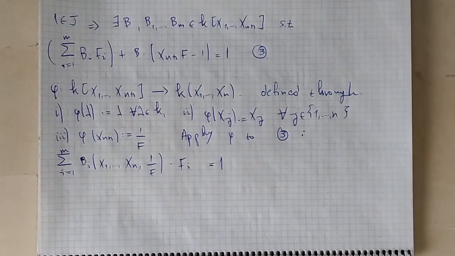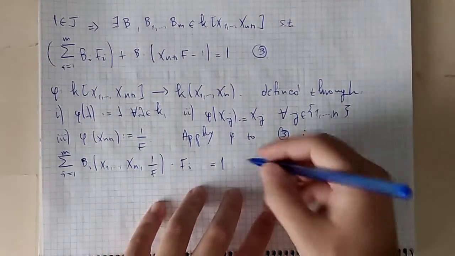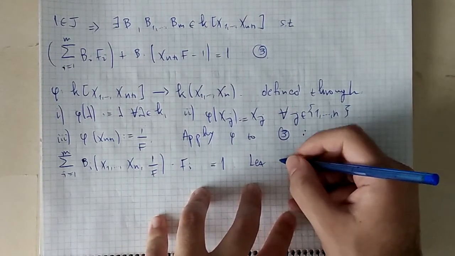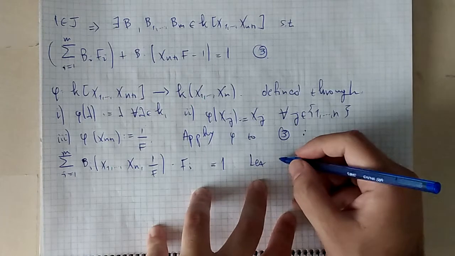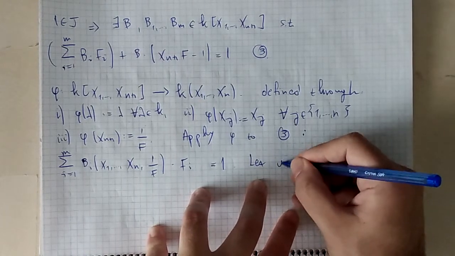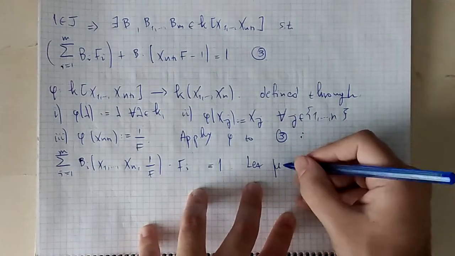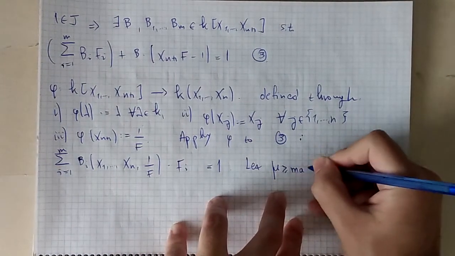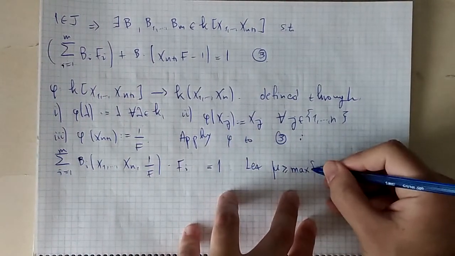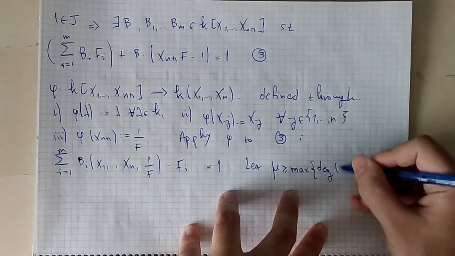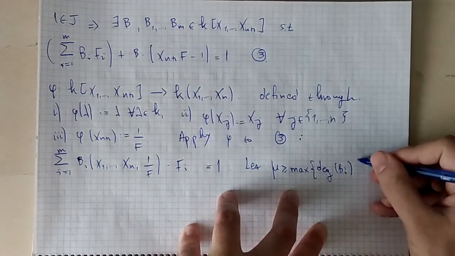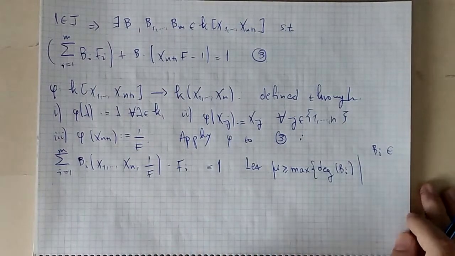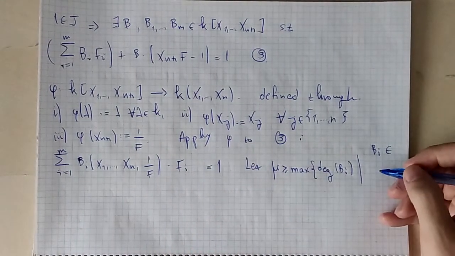Okay. Now let's see. We let m be something that's at least as big as the maximum of all the degrees of the bi, where I see the bi's as polynomials in the variable xn+1.